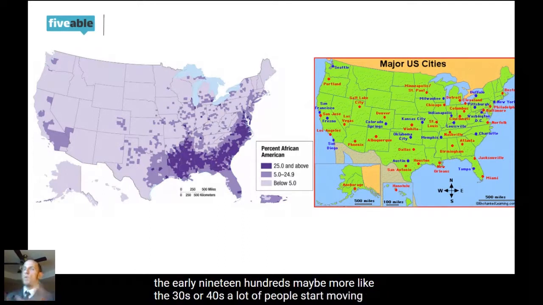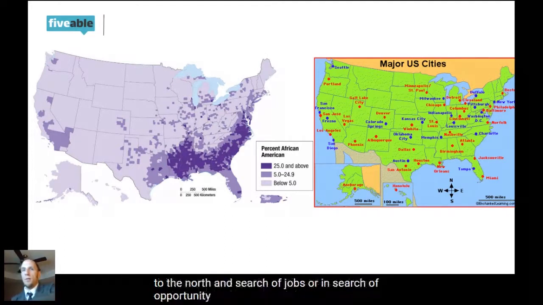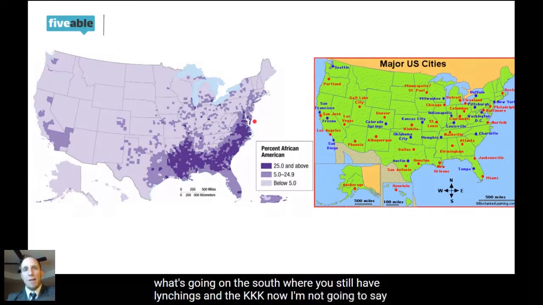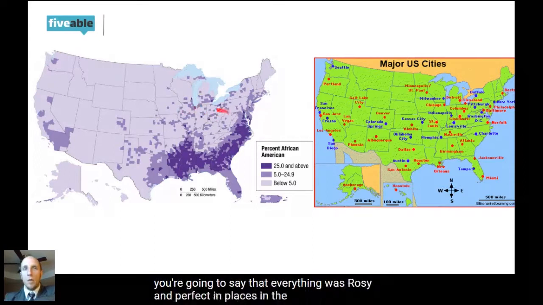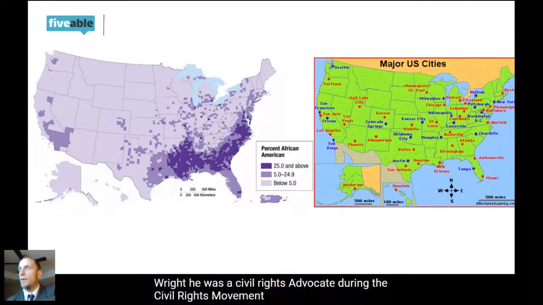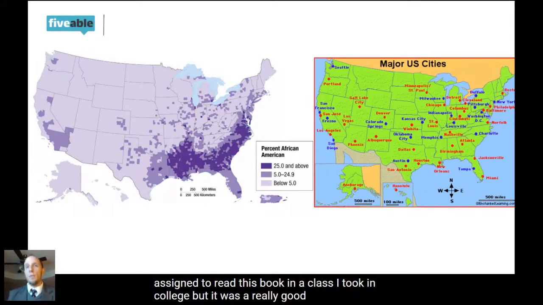A lot of people start moving up to the North in search of jobs or in search of opportunity to get a better life than what's going on in the South, where you still have lynchings and the KKK. Now, I'm not going to sit here and say that everything was rosy and perfect in places in the northern part of the country, but it was way better. There was an excellent book called Black Boy by Richard Wright. He was a civil rights advocate during the civil rights movement. I was assigned to read this book in a class I took in college, but it was a really good book.